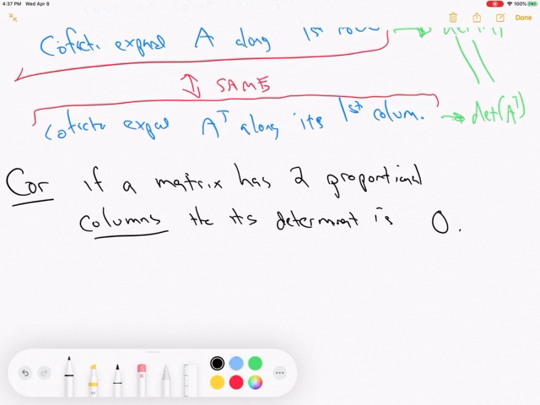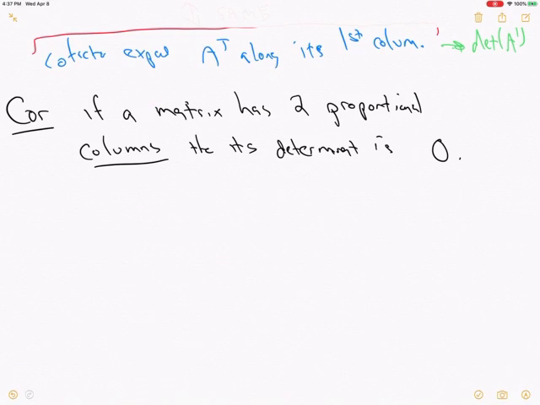Okay, so that's just putting everything together, because the explanation is that in the transpose the rows become columns and vice versa, so its transpose will have proportional rows.